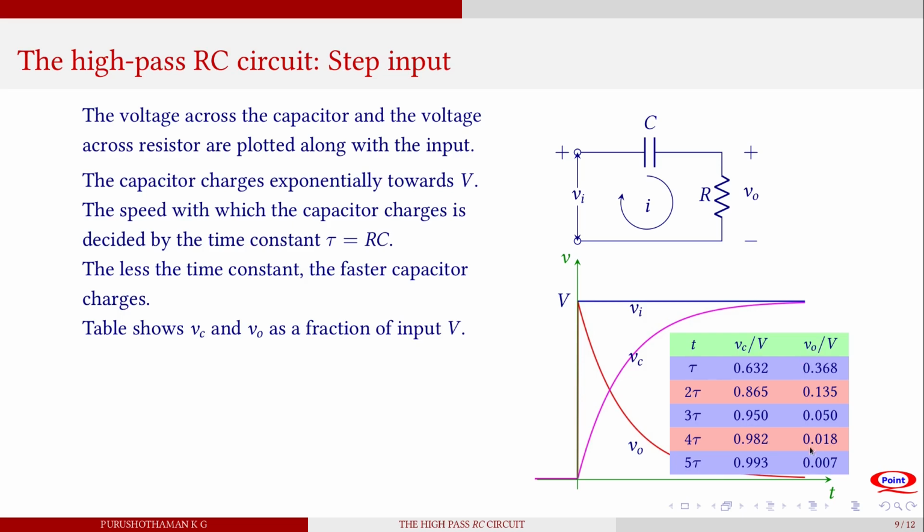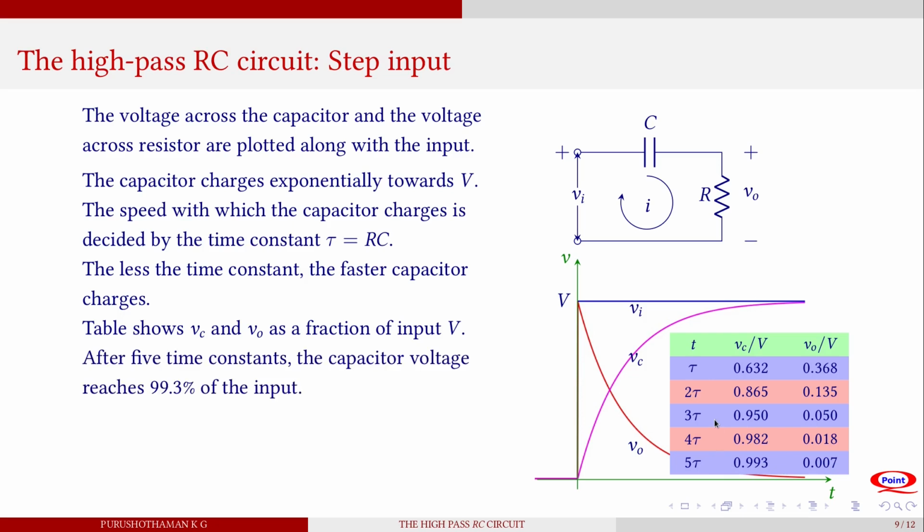So the output voltage is almost 0 and the capacitor voltage is almost equal to the input voltage. That is the conclusion. So after 5 time constants, the capacitor voltage reaches 99.3% of the input. After getting fully charged, no further DC current is allowed, and we say that the capacitor blocks DC.